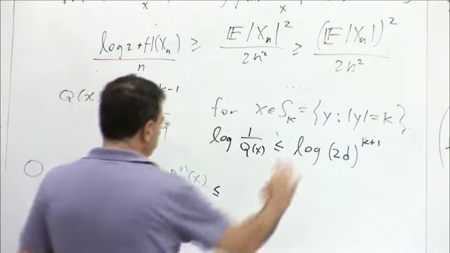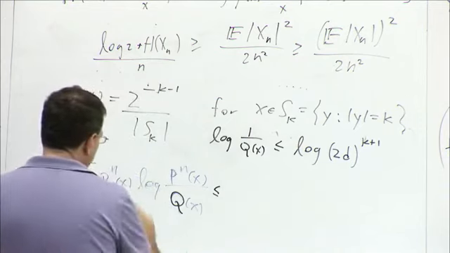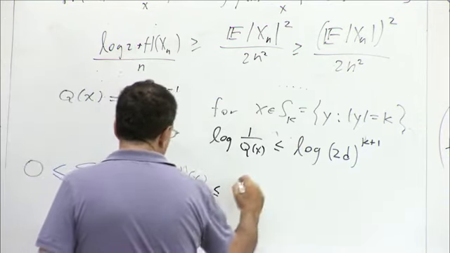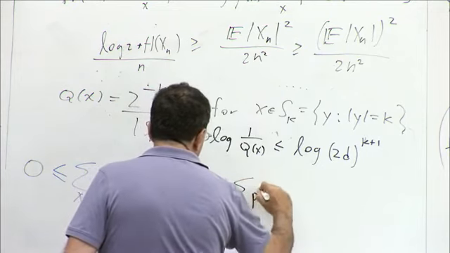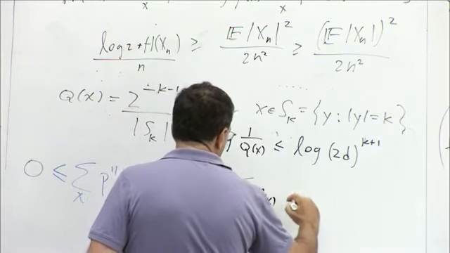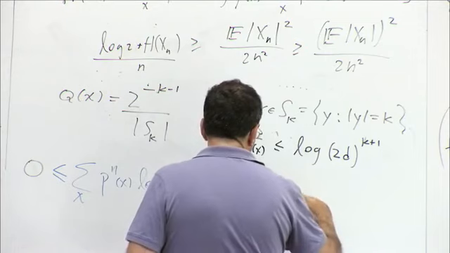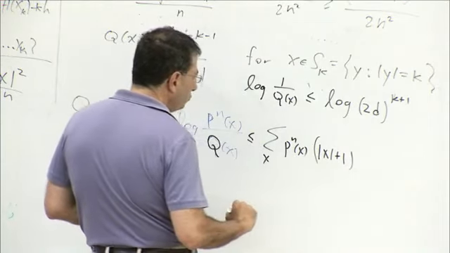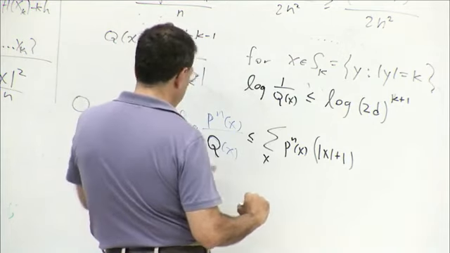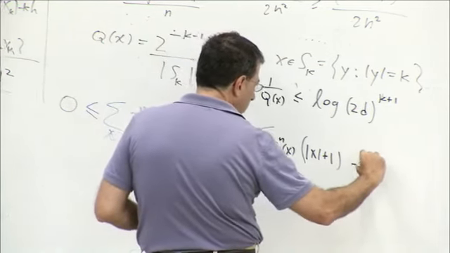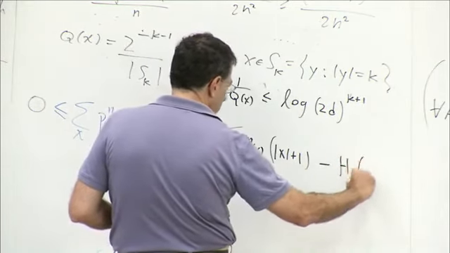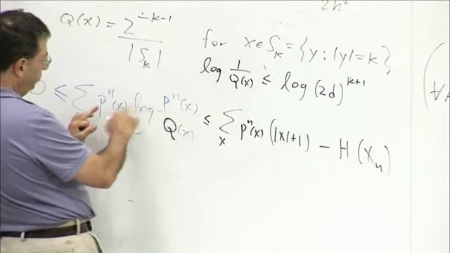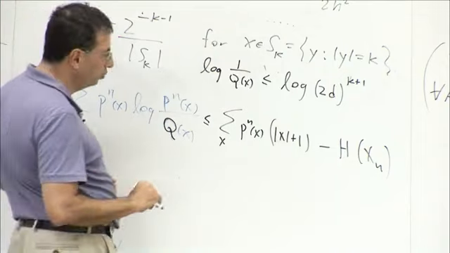All right, so plugging that in here, we get the sum over x, P_n of x, and the log will give us |x| plus 1. And then we get minus h of X_n, because P_n log P_n gives us minus the entropy.